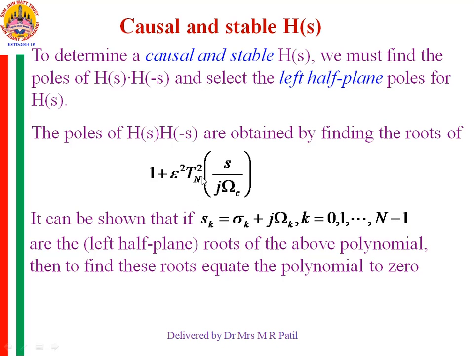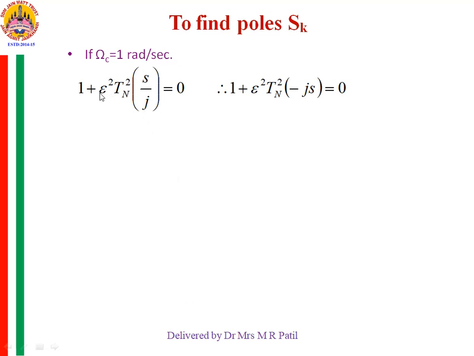Now, to find out the roots, these roots Sk for 0 to n minus 1, we have to equate this denominator polynomial to 0. Now, when I equate this to 0, I will get here cutoff frequency. Let me assume that for normalized poles, ohm C is equal to 1 radians per second.